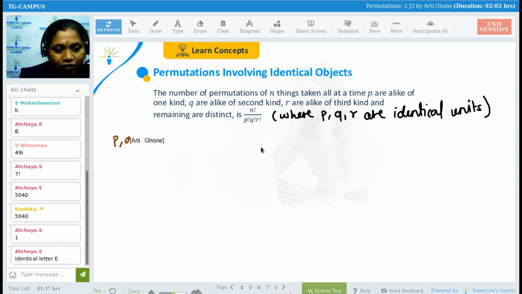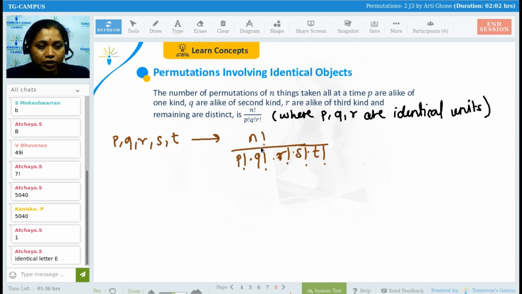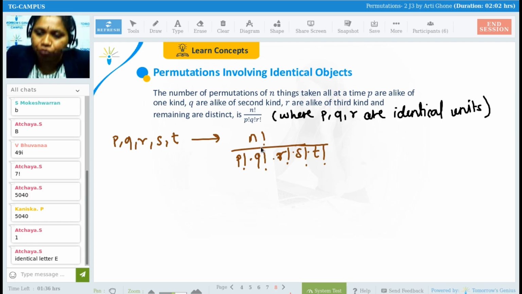Like, see, I have 5 identical units P, Q, R, S, T. Then what will be the formula? N factorial upon P factorial into Q factorial into R factorial into S factorial into T factorial. Clear? Okay, so you have to change this formula as per the requirement of the question. It is not that we are always taking 3 only, or at most 3 only. No. If 5 units are repeated, you have to divide with 5 different factorials. Okay? Clear?